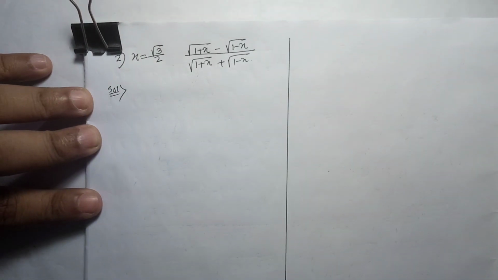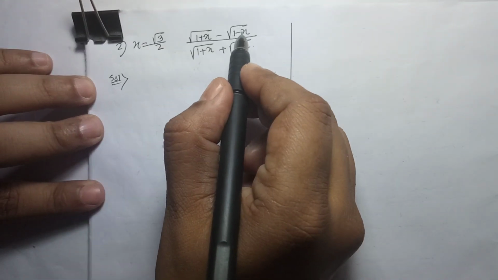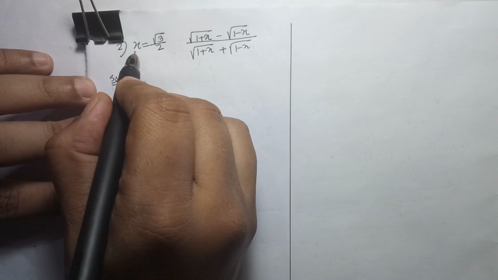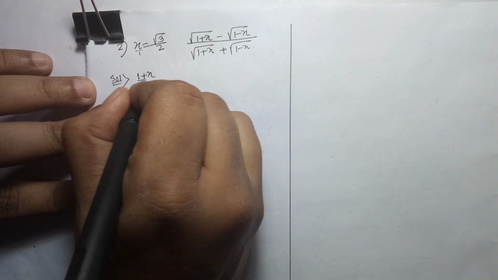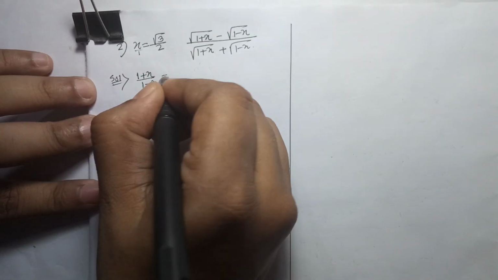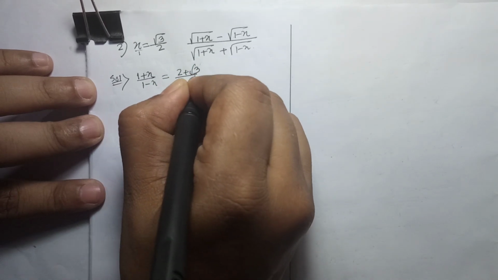How am I supposed to do? Again the same thing. I have to bring 1 plus x, 1 minus x. So I consider 1 here, and I do componendo dividendo: 1 plus x by 1 minus x, so denominator plus numerator by denominator minus numerator.